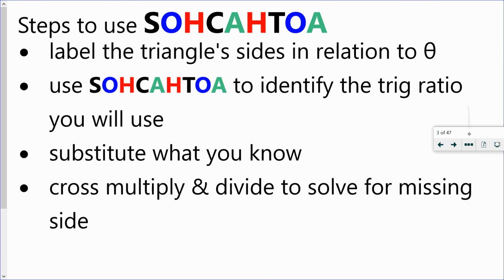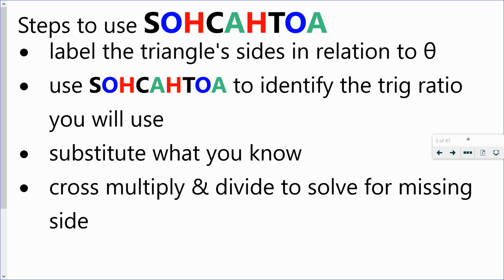So here's how we're going to use SOH CAH TOA. We're going to label all the triangle's sides in relation to the angle. So we practice this. Remember, the hypotenuse is always opposite the 90-degree angle, and then opposite is across from the angle and adjacent is beside the angle. So once we label those sides in relation to the angle, we're going to see which one of the trig ratios we're going to use. Is it SOH, sine, CAH, cosine, or TOA, tan?